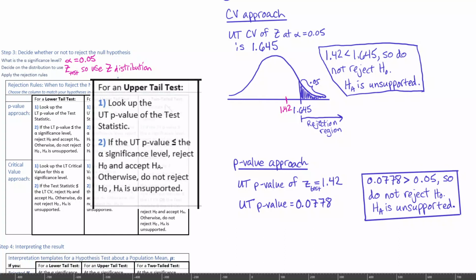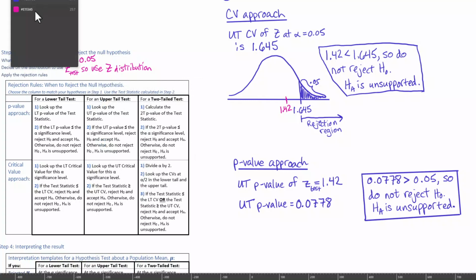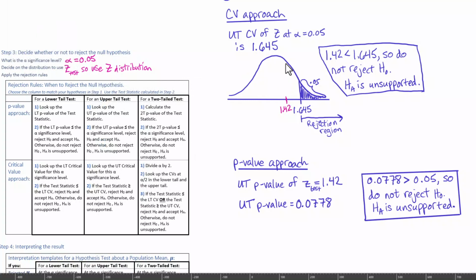Before moving on to the interpretation, I want to talk about the critical values and the p-values again. Looking at our critical value diagram, what I'm shading in here is the upper tail p-value of 1.42. So the pink striped area is the upper tail p-value of 1.42. And we just looked that up and found out that that area is 0.0778.